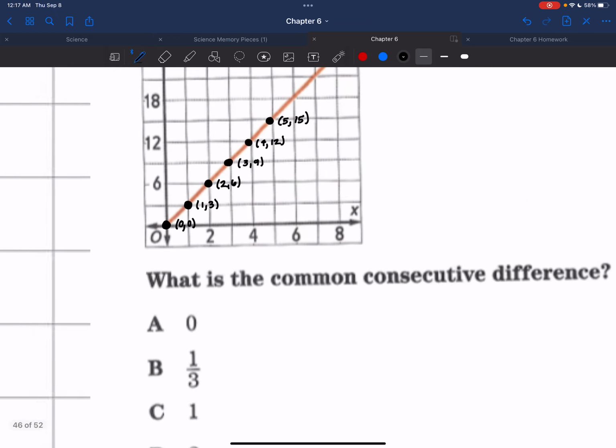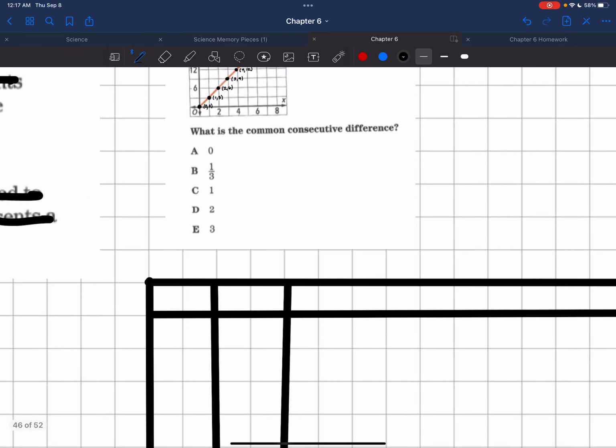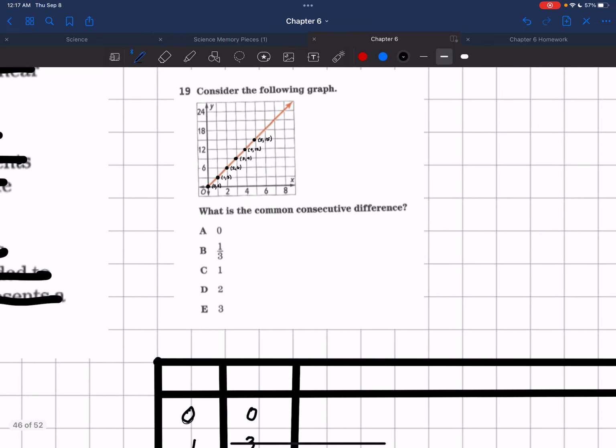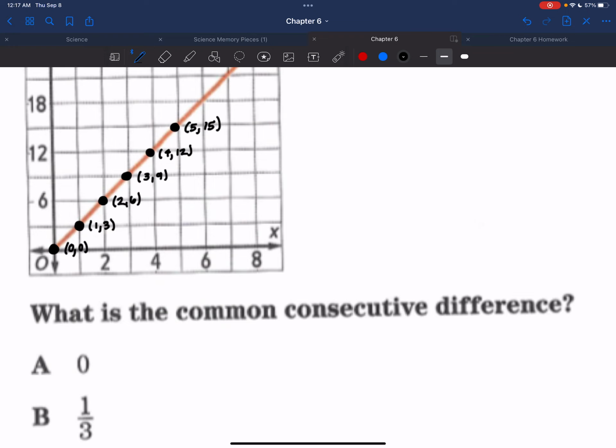So let's bring those points down to our table. There's 0, 0, 1, 3, 2, 6, 3, 9, 4, 12, and 5, 15.